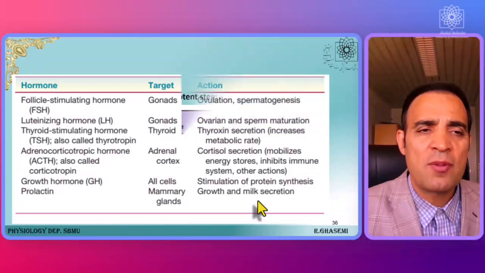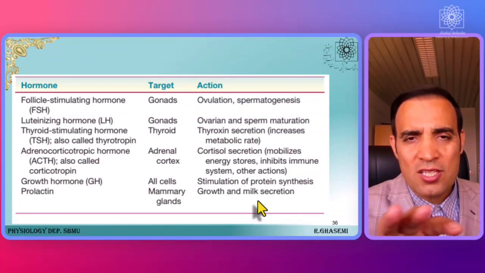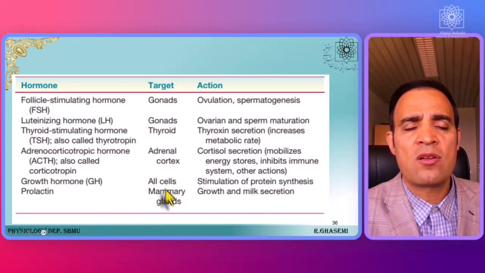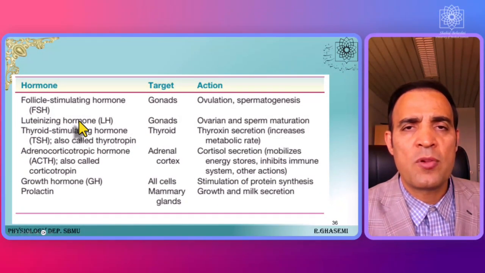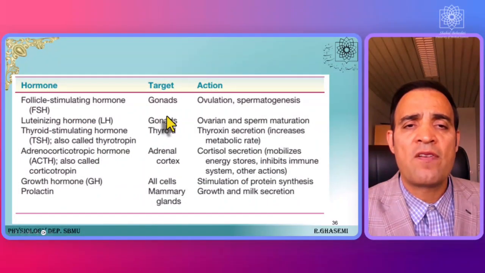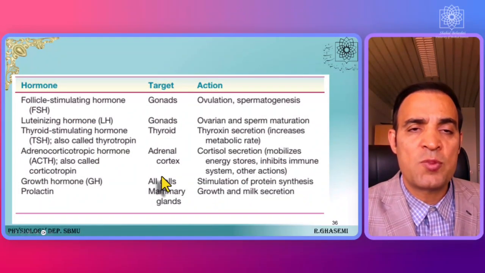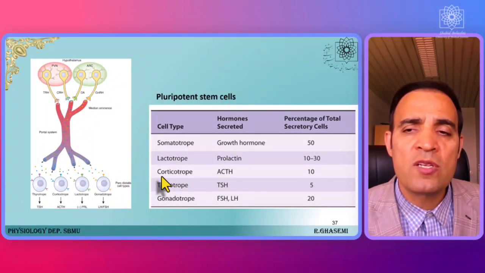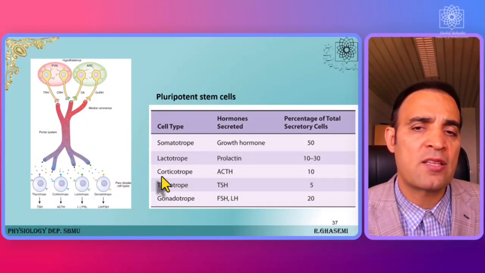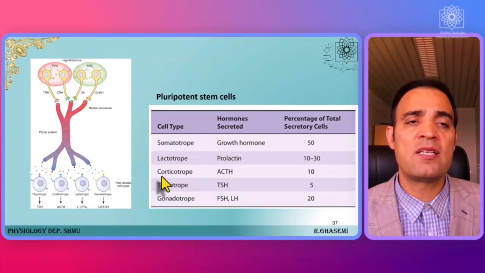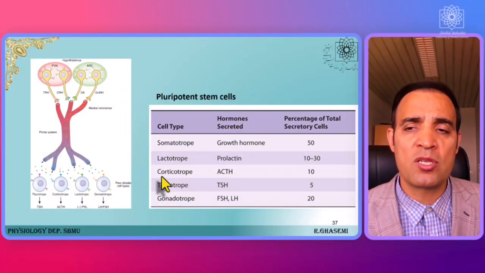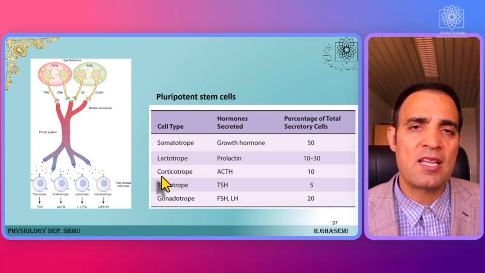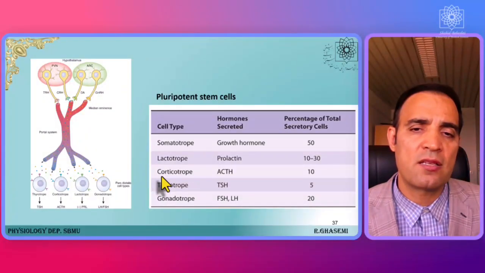Just before discussing growth hormone function, review this table, where all the hormones released in the anterior pituitary gland, and their function and their target are summarized. This also shows the population of the different types of cells that I told you about. The somatotrope, which is responsible for releasing growth hormone, is the most abundant type of cell in the pituitary gland, about 50%.